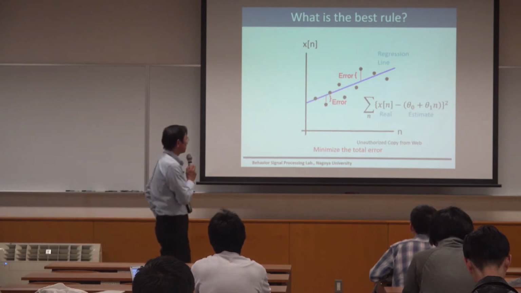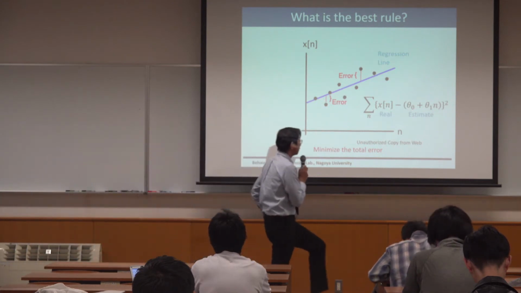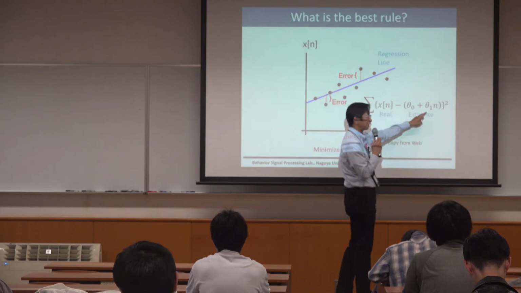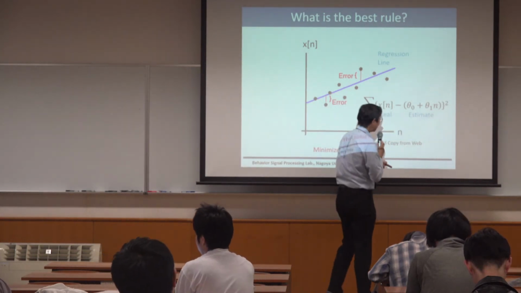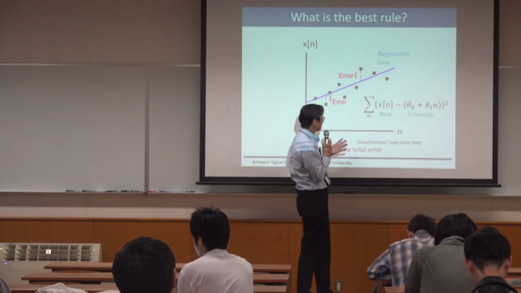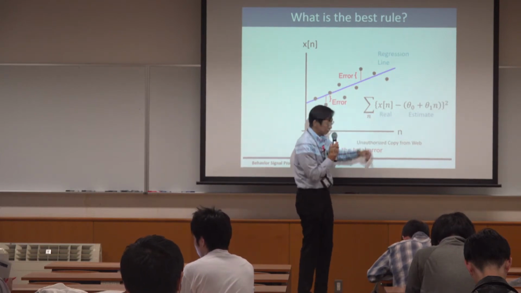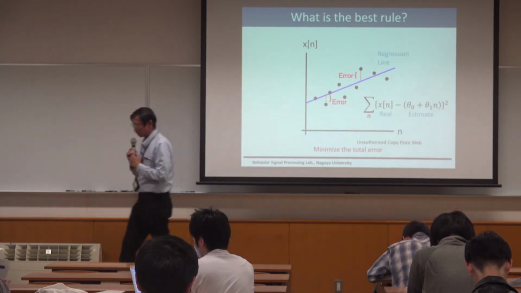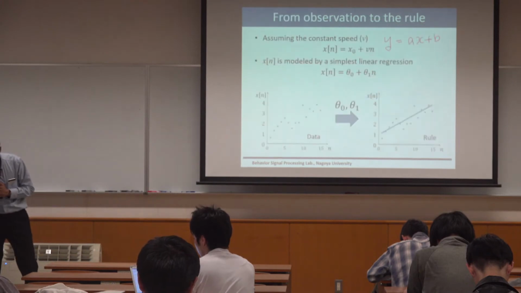So what are the best or optimal theta 0 and theta 1? Again, the model and the data are given.